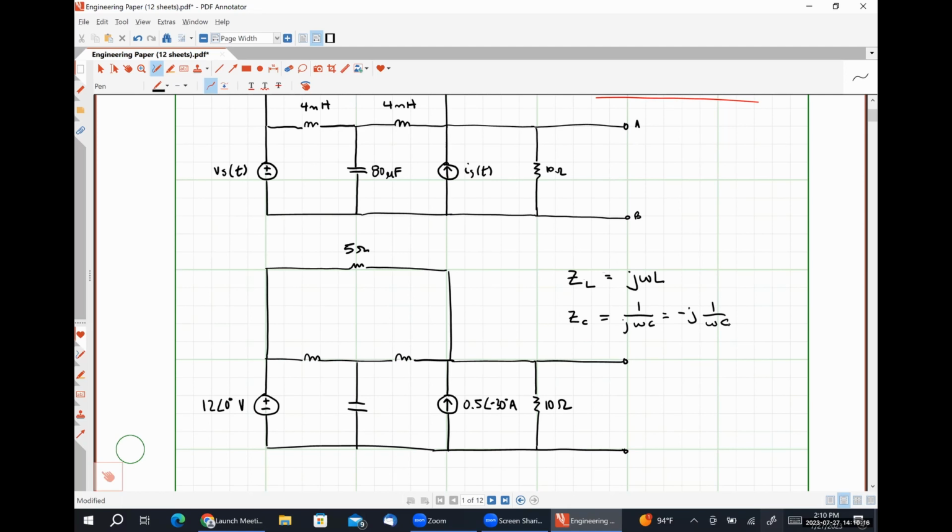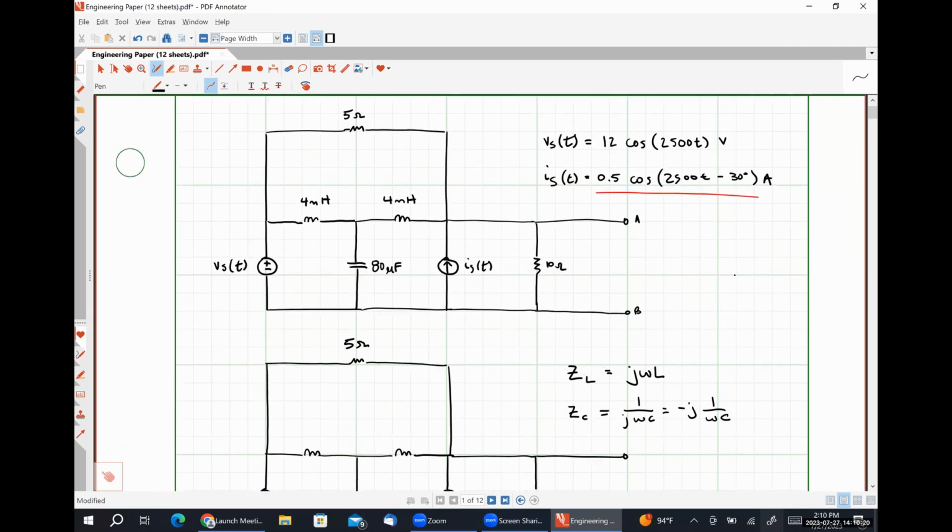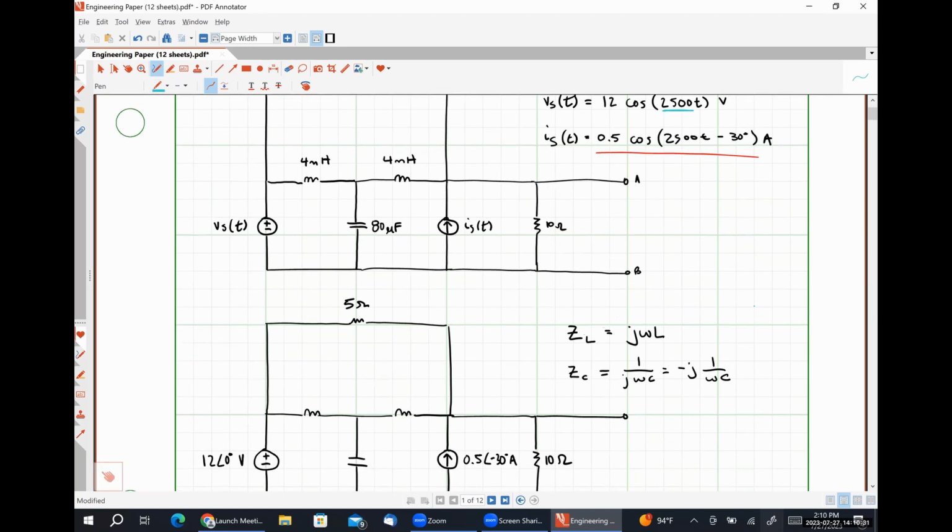Okay. So for our inductor, we have an omega of 2500. It's given right here. And then we need to multiply that by 4 millihenries. So that's 2.5 times 10 to the 3 times 4 times 10 to the -3, which is simply 2.5 times 4, or 10.